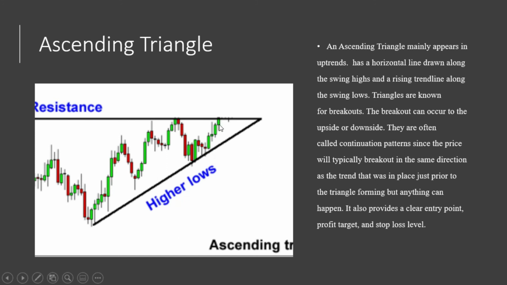If I were to trade this, I would enter at the breakout on high volume, place my stop loss just below this sloping up support, and my target profit would be from the bottom to the top of the triangle. I project this range up from the breakout, and that's where my target profit would be.